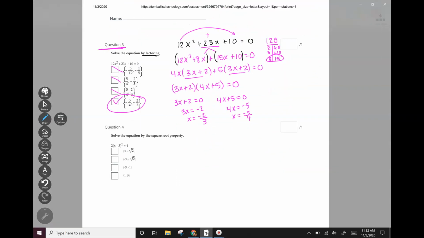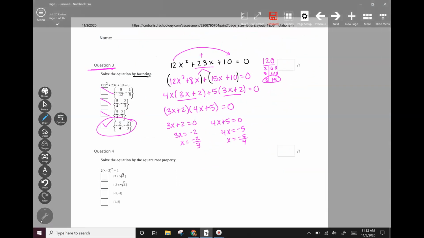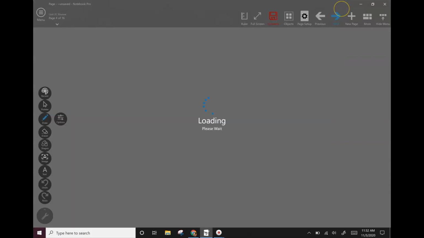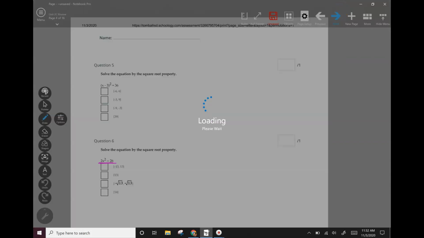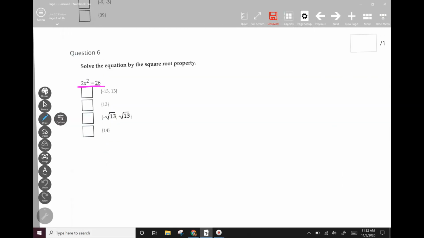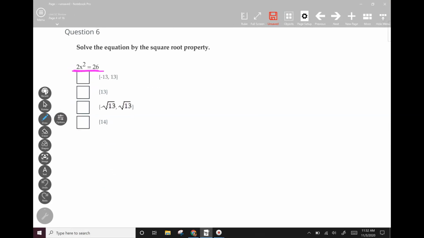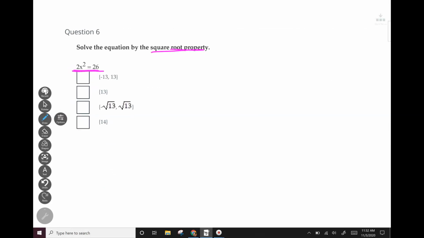All right, I'm going to go to the next page. And now we're looking at one that says solve using the square root property. So that's just what it sounds like. You're going to end up taking the square root of both sides in order to solve.